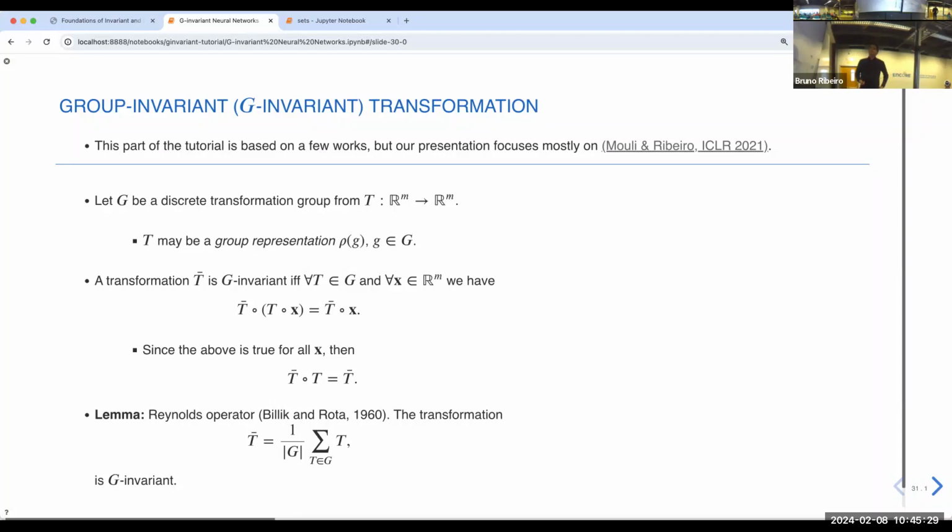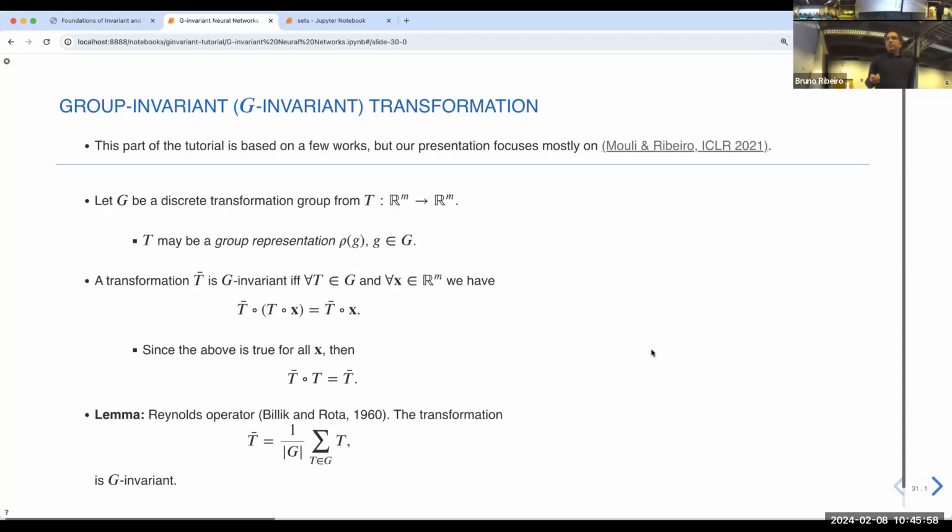Okay, so let's look at then G-invariant transformations. Our presentation here focuses more on the work that we did, so it's described the way that we described. So let G be a discrete transformation group, okay, and T is a group representation. So it's this set of transformations from the group.